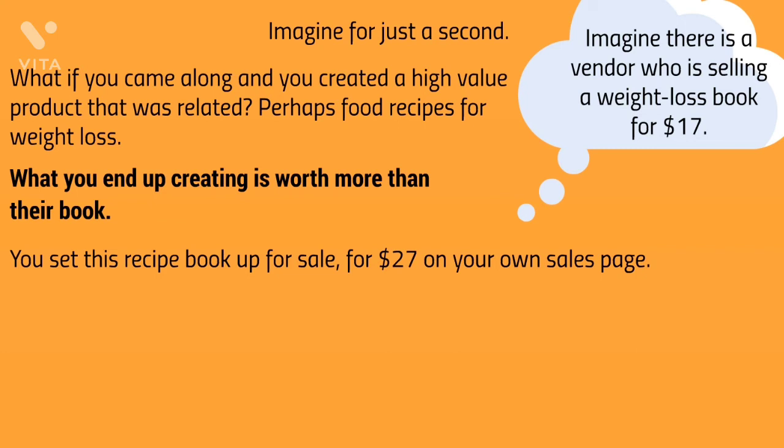So yes, as you can see, it does take a little bit more time to go through this process, but it's going to be well worth it in the end. Because if you can find, let's say, for example, 10 different vendors who are selling a weight loss book, but they have nothing related to food, then you can approach those 10 or 20 or 30 and so forth.